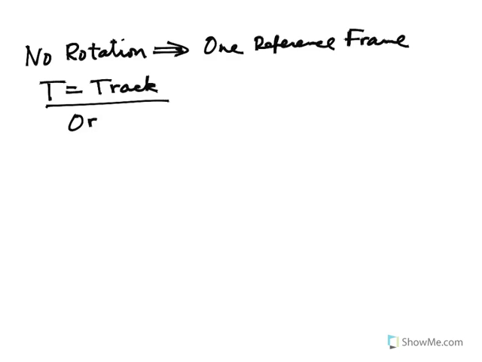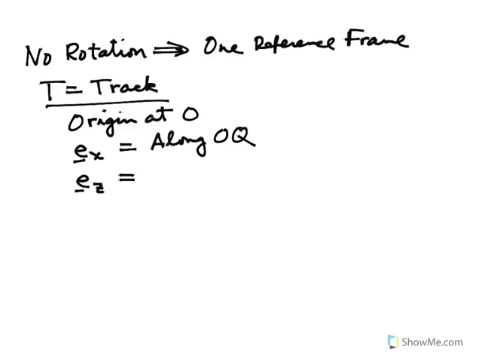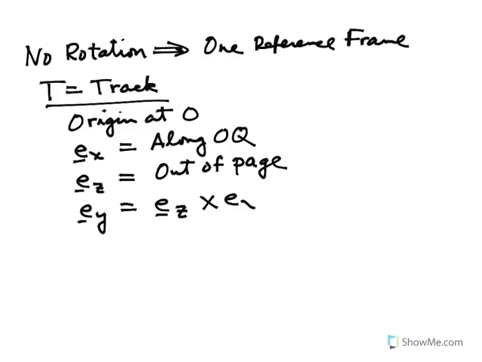This coordinate system is going to be similar to the one that we had in the previous example. Origin's going to be at O. EX is going to be along OQ. EZ is going to be out of the page. And then EY is going to equal EZ crossed with EX.